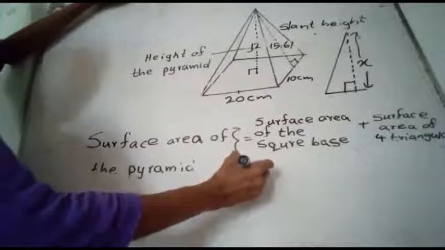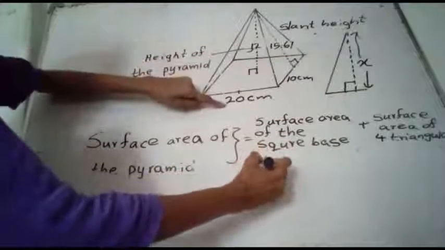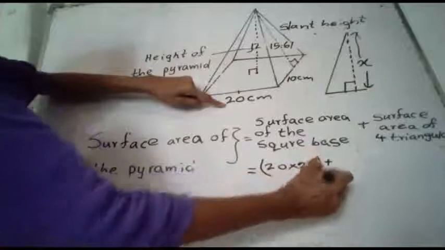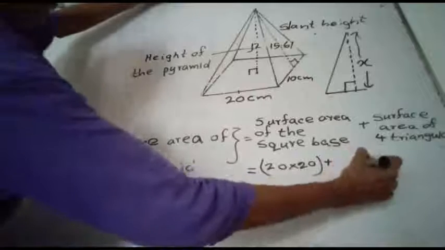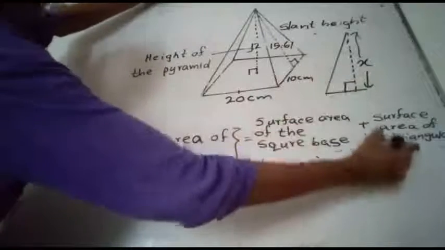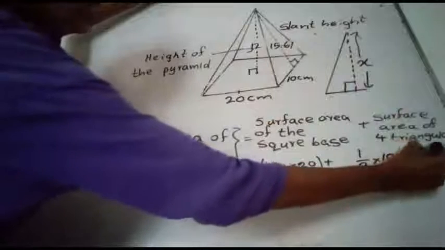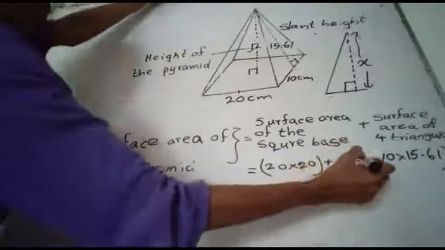Surface area of the pyramid is equal to the surface area of the square, 20 multiplied by 20, plus the surface area of the triangle, half multiplied by 10 multiplied by 15.61, multiplied by 4.